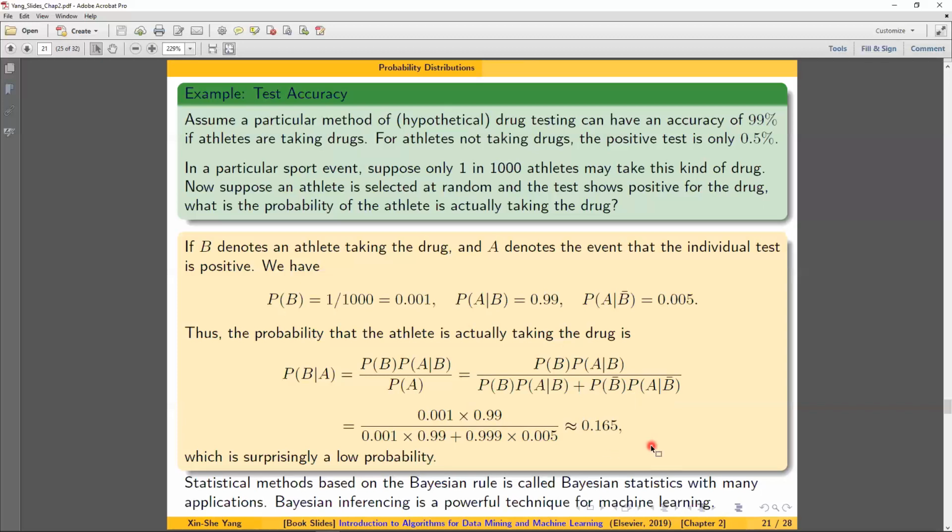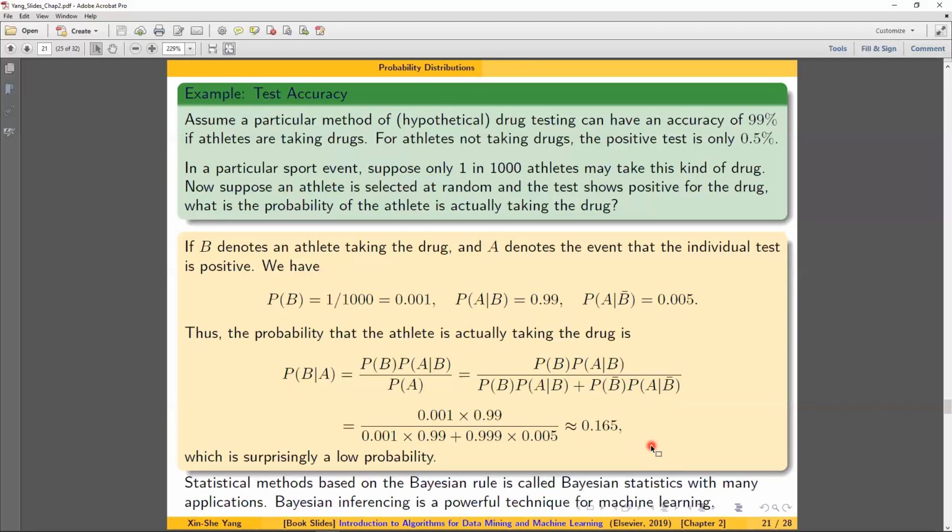It's actually very low. This example shows you the probability that the athlete is actually taking the drug, given the fact that the test shows positive.